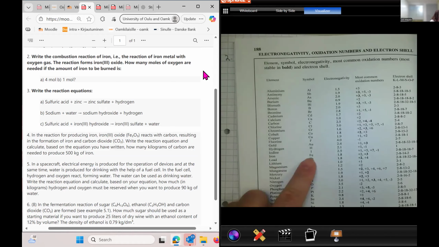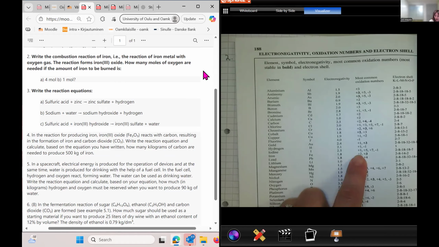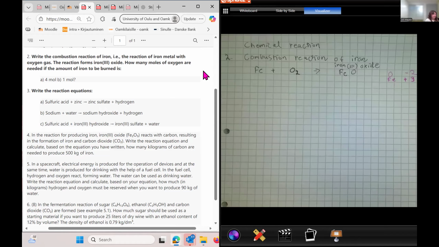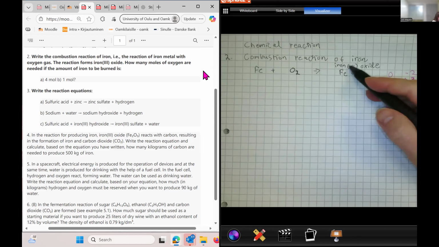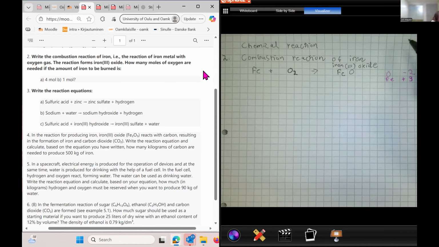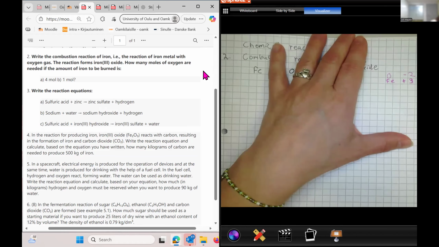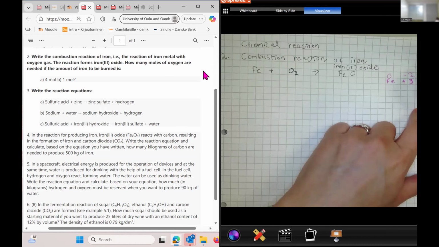You can also check it from here. Iron +2 or +3, either or. But it looks like the +3 is more favorable because this is in bold. So now we have to make this neutral outside because it's a compound. We have to multiply this with 3 and this with 2 to get it neutral.